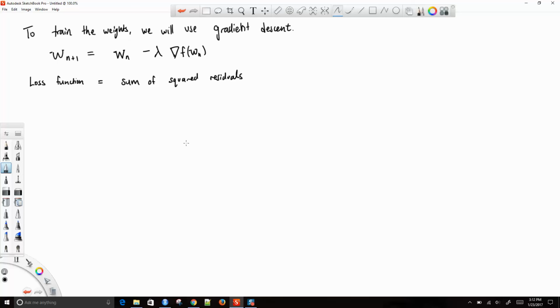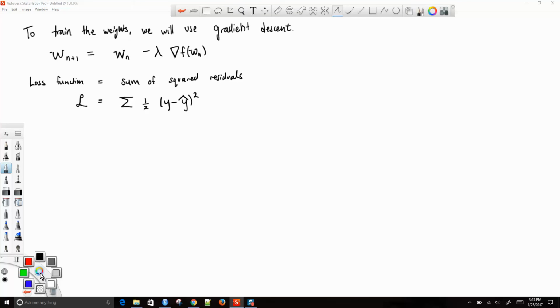So we can say L is the sum of y minus y hat squared, and just to get rid of the 2 later, we're going to multiply it by 1/2.